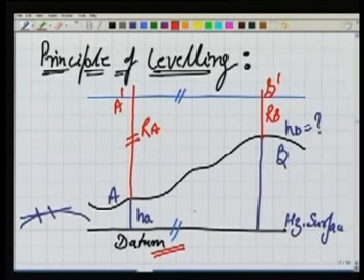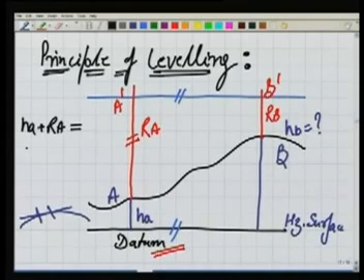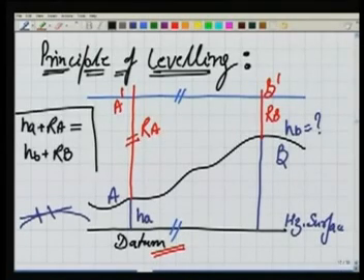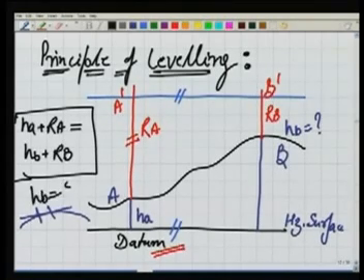Now from here we can write very well that HA plus RA should be equal to HB plus RB. Now using this relationship, you can very well determine the elevation HB, because the only unknown here is HB; HA you are determining somehow, and the readings you are also determining somehow.